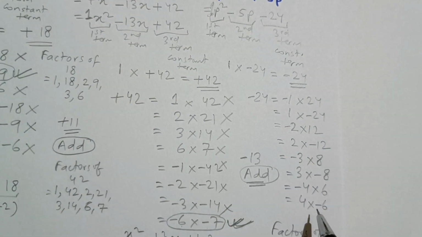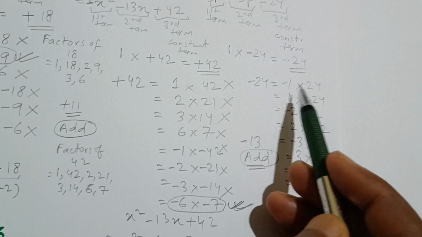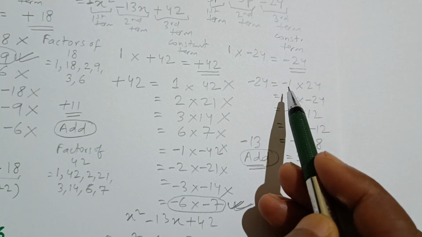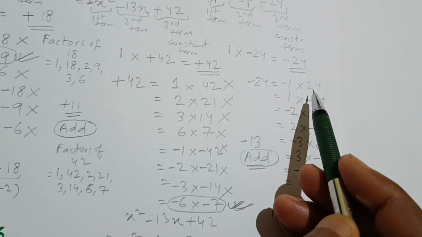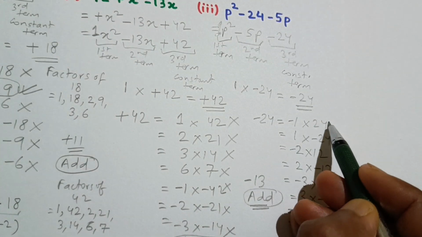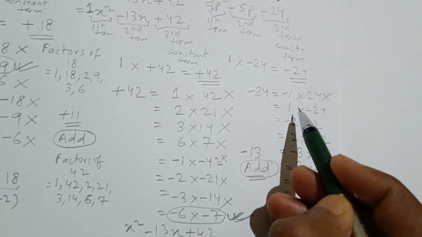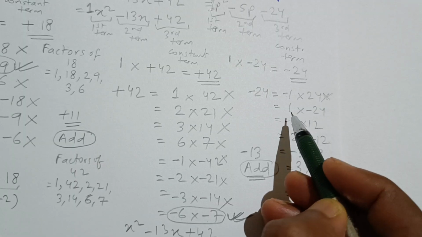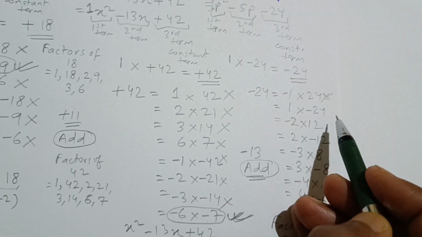Let us look at all the pairs one by one. Minus 1 and 24: minus 1 plus 24 is plus 23. No, I want minus 5, so this is not that pair. 1 and minus 24: if you add, it will be minus 23.